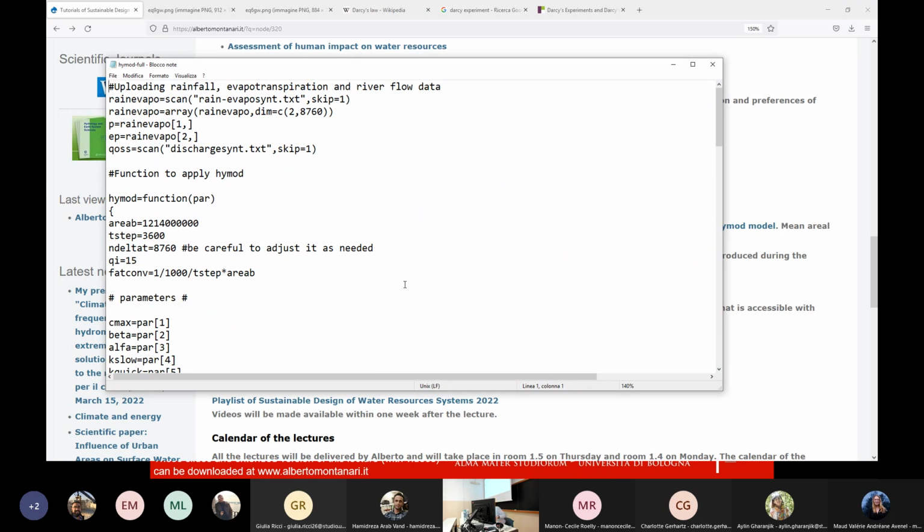And to upload the data in RStudio, I suggest that you save the data file on the desktop. And in RStudio, under Session, select the working directory as the desktop and upload the data file by using the instructions that I am using here.